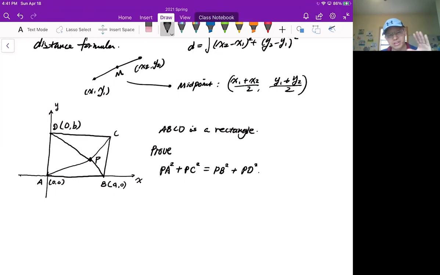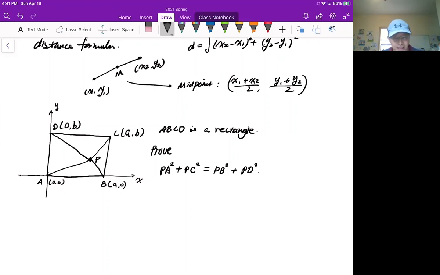Everyone's okay? This is just from pre-algebra, right? So I'm assuming that you know that already. If you're not very comfortable with the coordinate system, you should go back and review that previous course. Okay, and for C here, C is just (a, b). Does it make sense? Right?